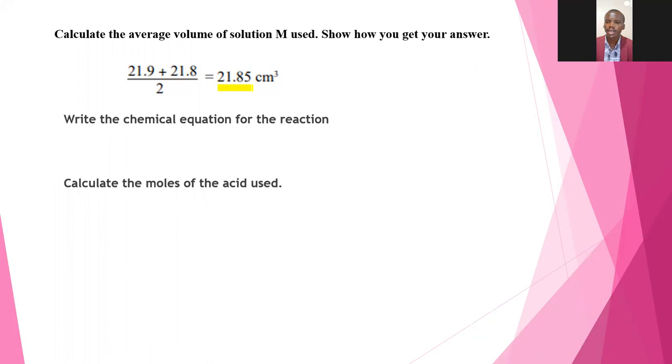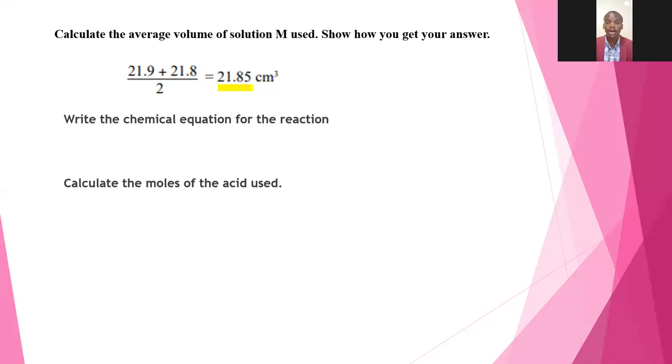In the burette, we have solution N, which was 0.5 hydrochloric acid, and the one in the conical flask is X carbonate. So carbonate plus acid, you should know that you get salt, carbon dioxide and water. Those three products are what should come to your mind.